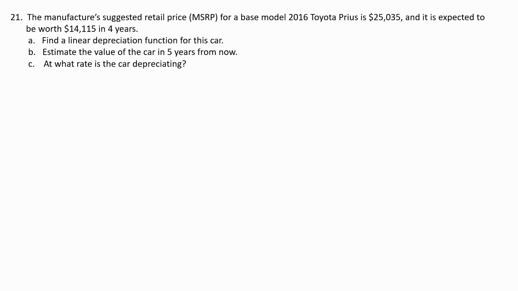And it is expected to be worth $14,115 in 4 years. For part A, they want you to find the linear depreciation function for this car. And for B, we're going to estimate the value of the car in 5 years from now. And C, at what rate is the car depreciating?